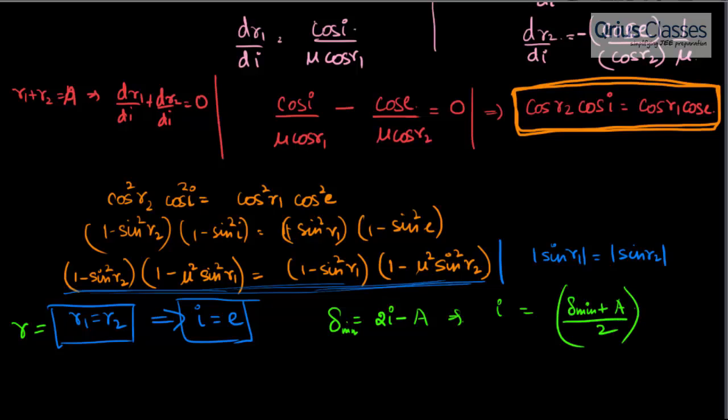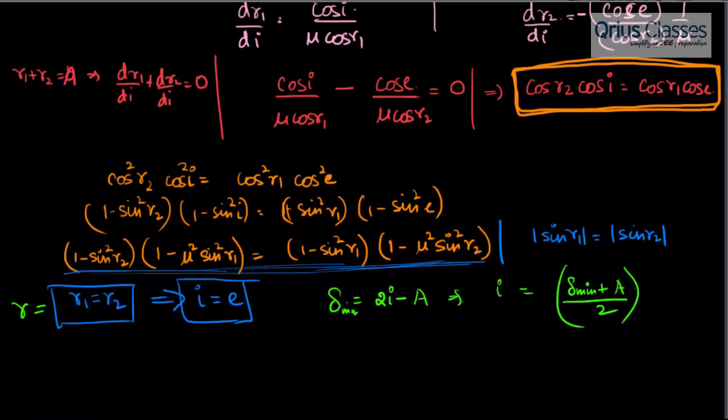And this again would be angle of refraction, right? Also we have that r1 plus r2 is A, so 2r is A. This implies that r is A by 2.